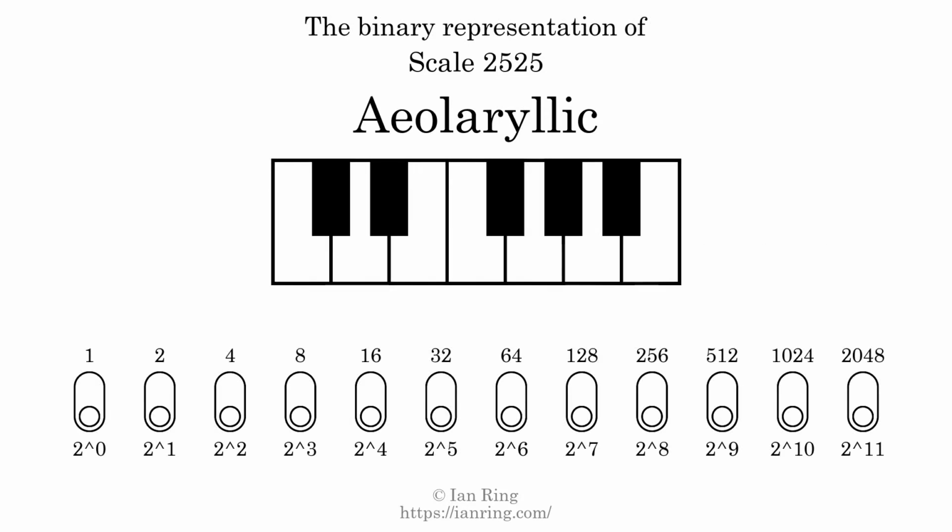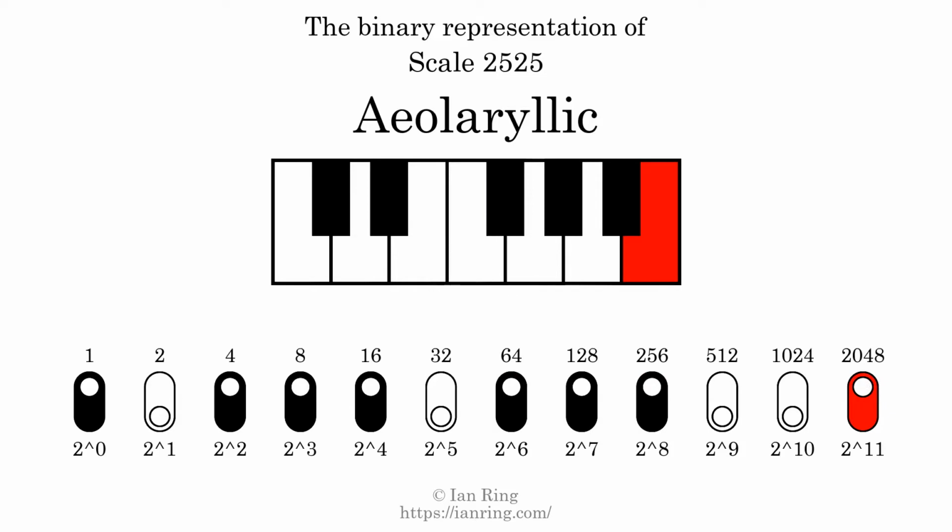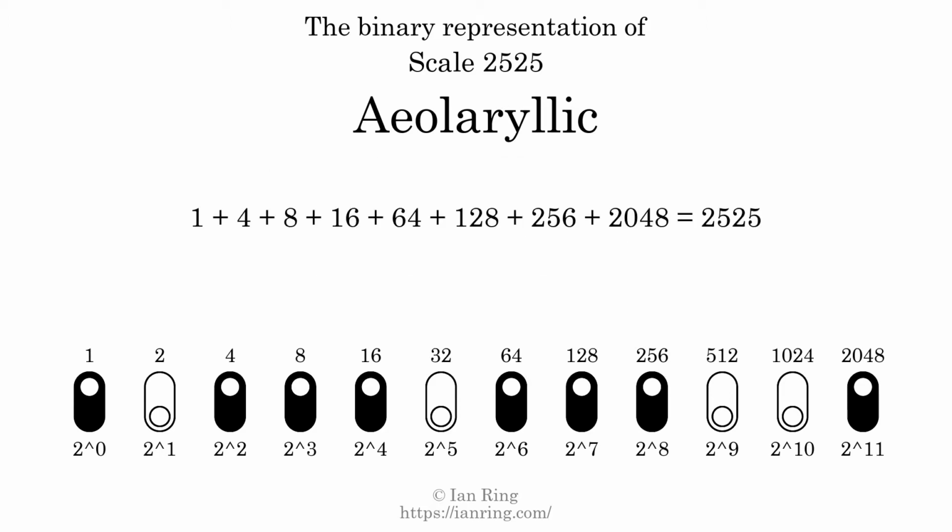The binary representation of this scale is determined by mapping tones of the scale to binary digits. Each binary digit represents a power of 2. To get the scale number, we add the powers of 2 together. The powers of 2 that are present in the scale, all added together, equals 2525.